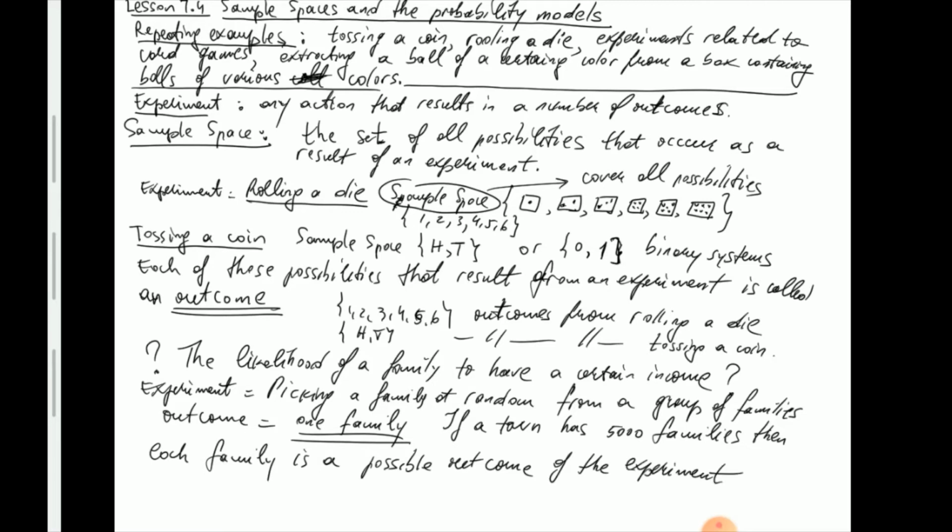And there's 5,000 of them, obviously, right? If that's the universe of the problem, so to speak, if that's the number of families you're talking about in that town.